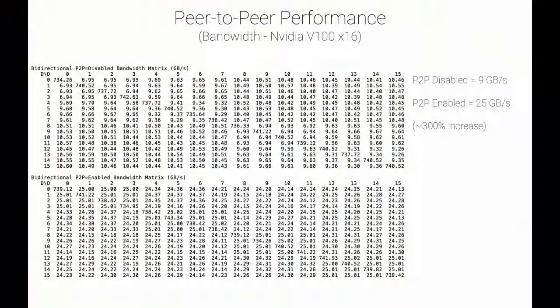So the data that we'll share with you here is this is peer-to-peer performance run across 16 GPUs. When I have peer-to-peer turned off, I'm averaging 9 gigabytes a second. When I turn peer-to-peer on, I get a 300% performance improvement. So if I get it right, with that you're going beyond the physical capabilities that you have in, for example, a Qserver.